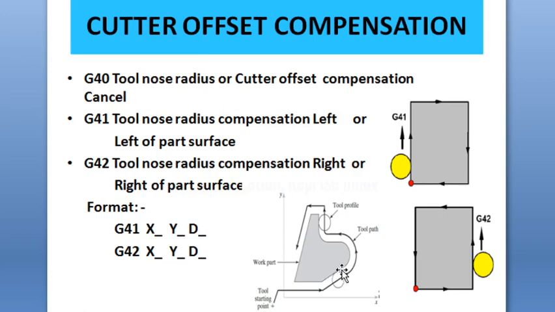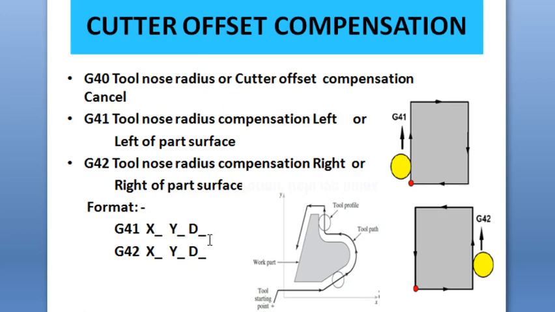Suppose we have used a 50 mm milling cutter; the value 50 is stored in the register number.